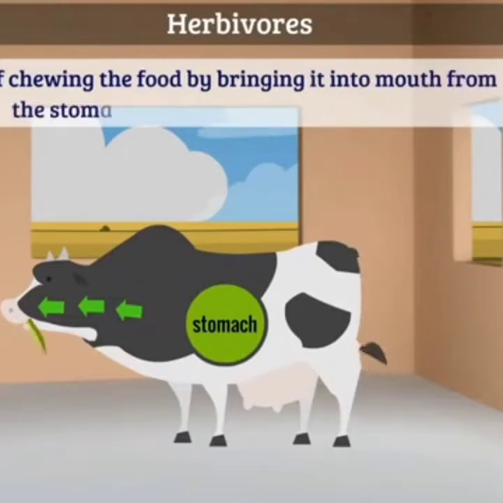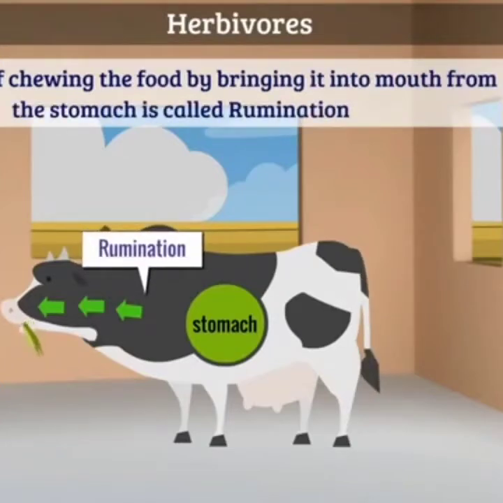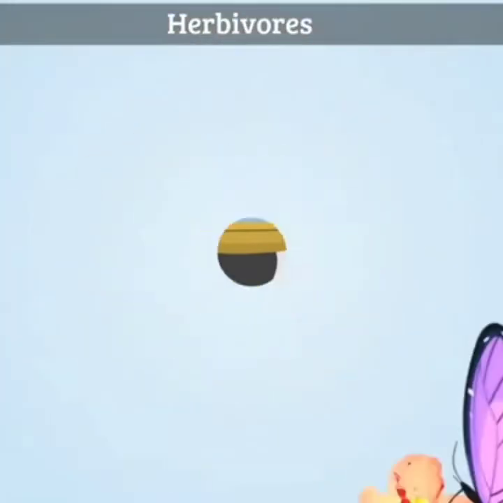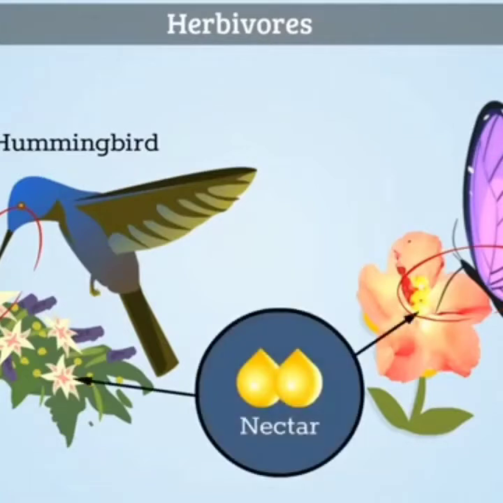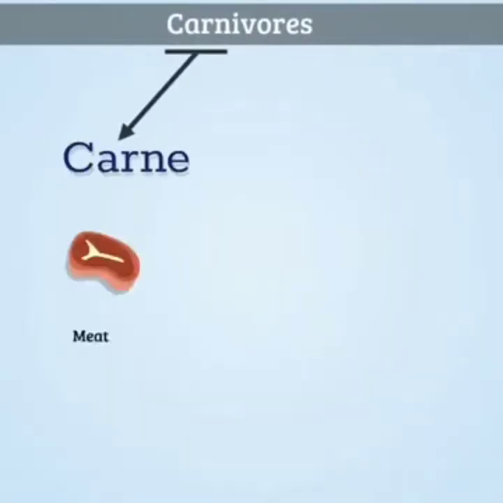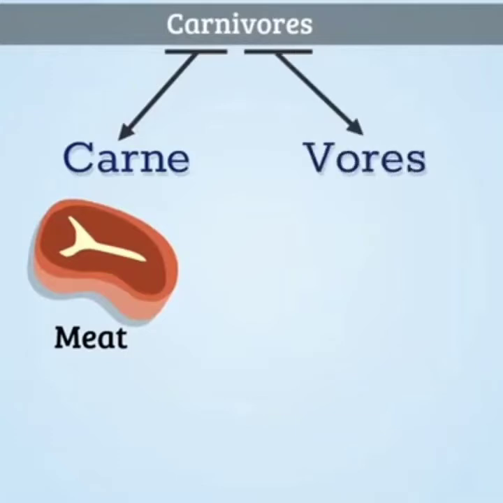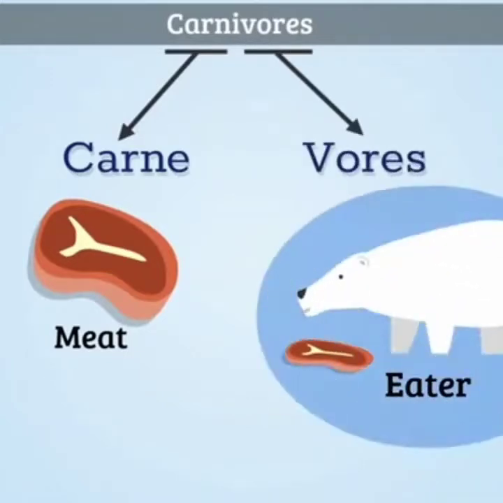Now coming to the next category of animal, that is carnivorous animals. Animals that eat the flesh of other animals are called carnivorous animals, because carn means meat and vorous means eater.